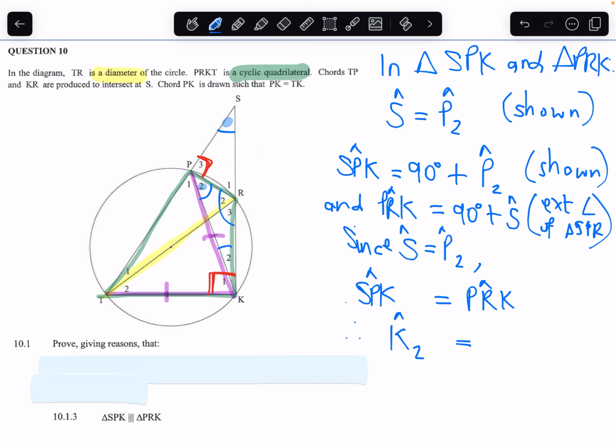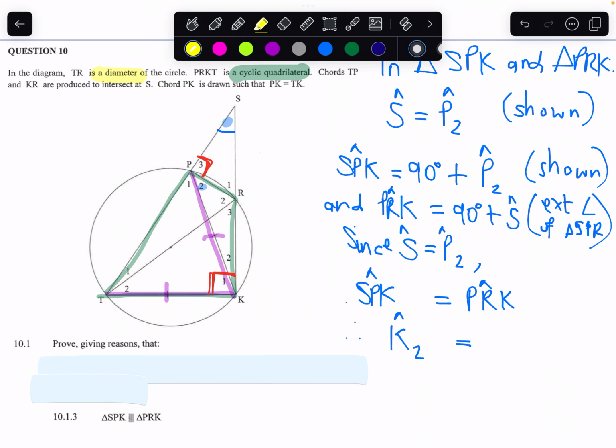Oh yeah, it's common. Oh, silly. K2 appears in both triangles. Sometimes these geometric things just get inside my brain cells. So K2 is common, so we don't even have to go through the pain of showing why these two are equal.